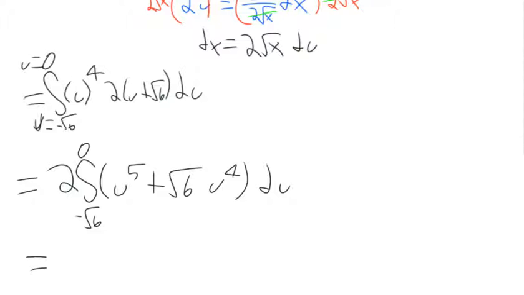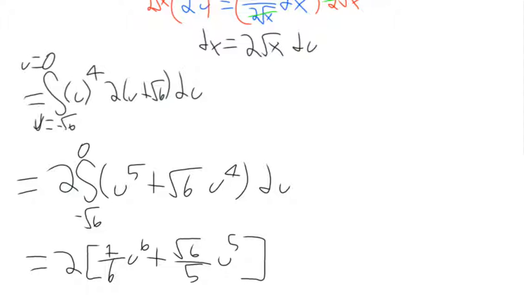So we can just do that really quickly: 2, and then I'll open a bracket for the result of the integration. So when we find an antiderivative for u to the fifth, I will just use 1/6 u to the sixth. And then for this one, we'll have the square root of 6, and then an antiderivative for u to the fourth is going to be 1/5, so I'll divide this by 5, u to the fifth.